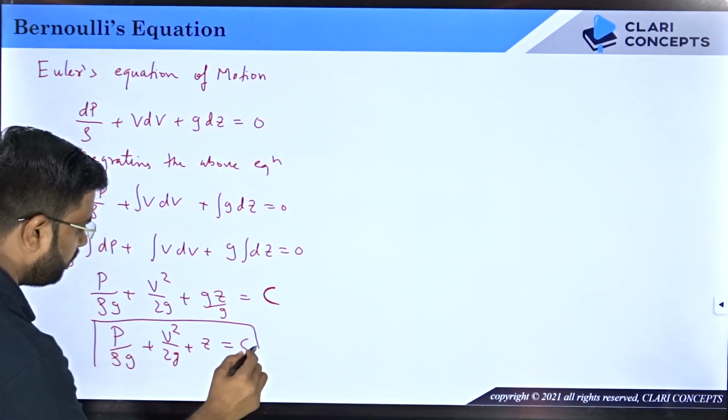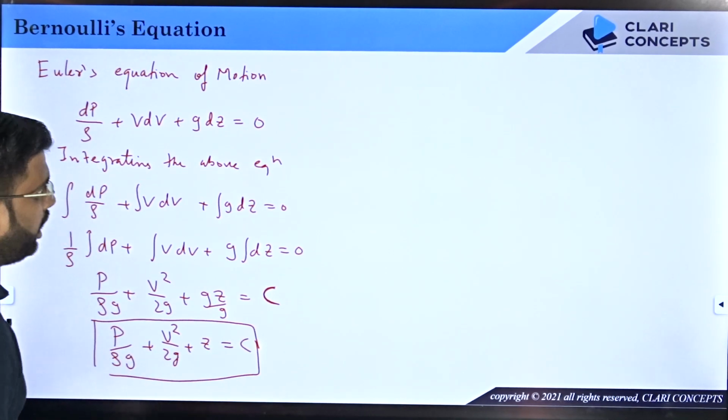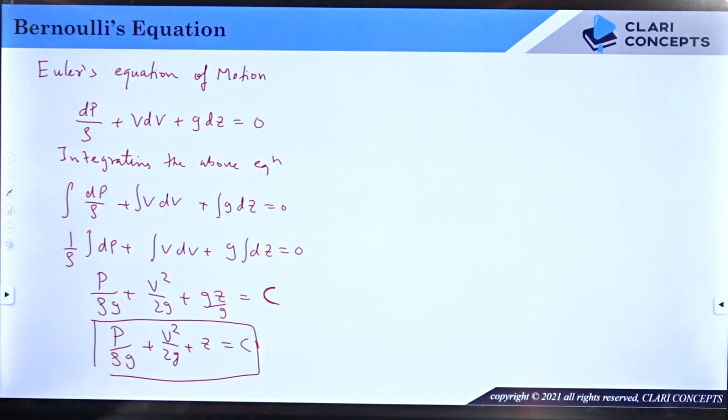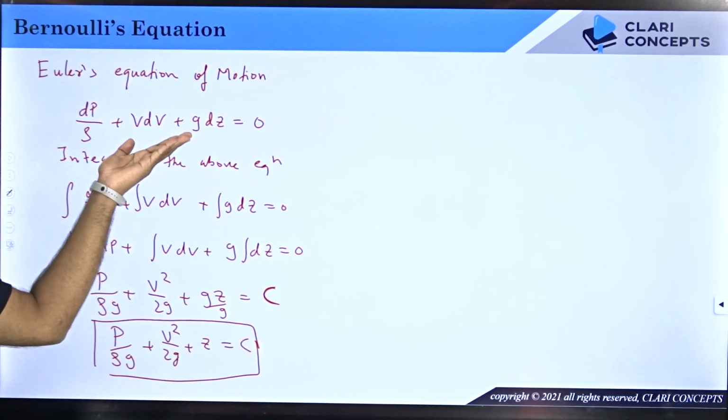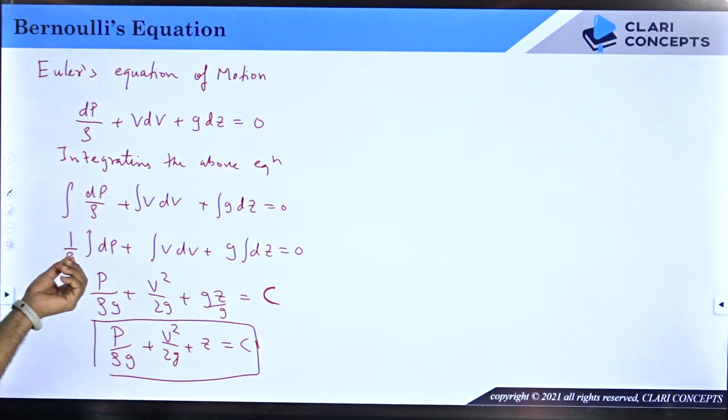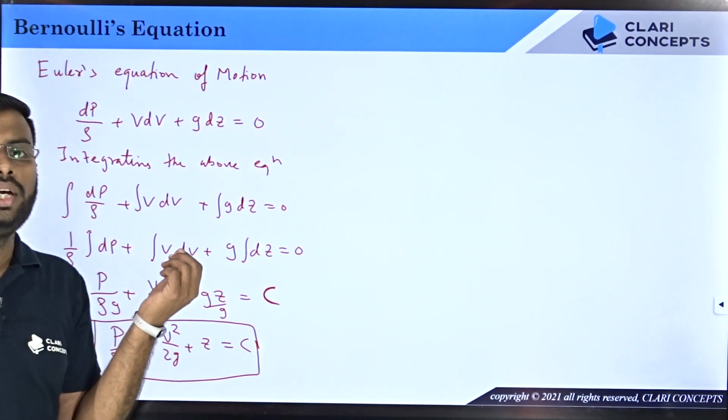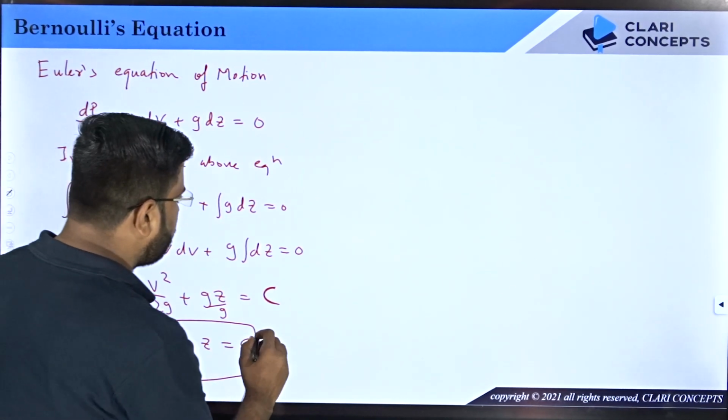This is constant c. This equation was derived based on the assumption that flow is steady, and when we have chosen density as constant, it means we have understood the flow is incompressible. So this is Bernoulli's equation first of all.